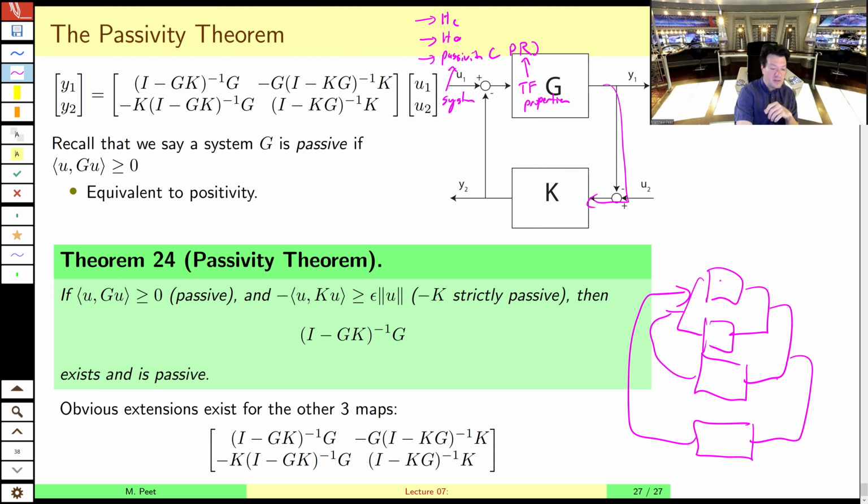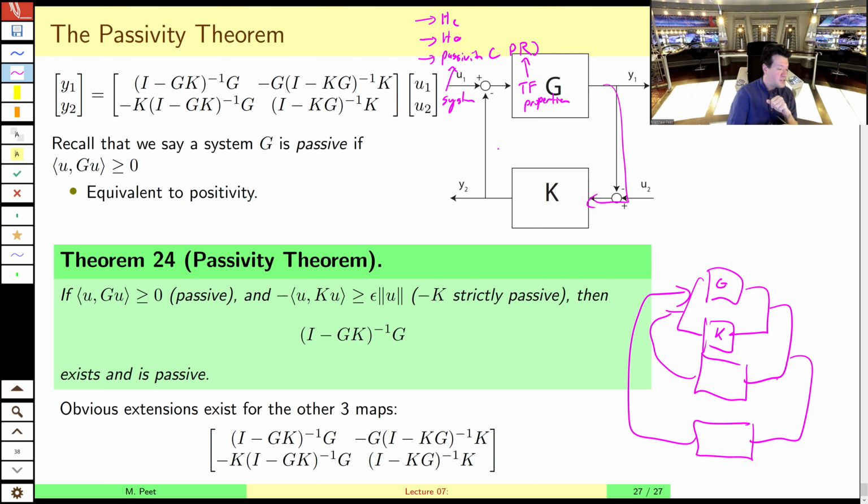So if G and K are passive or positive real, then the interconnection of G and K will, A, be stable. That's a requirement for everything we do. And furthermore, more importantly, it will also be passive.